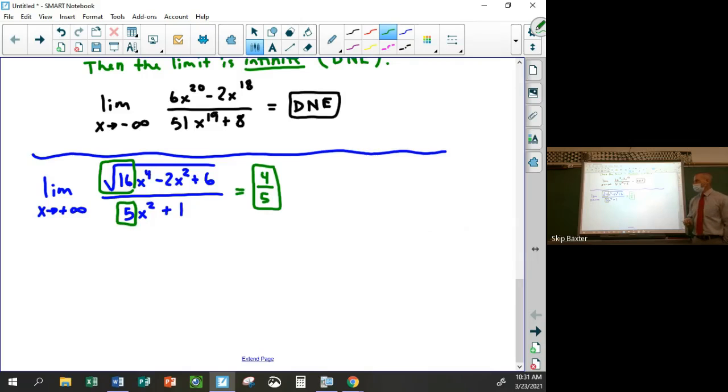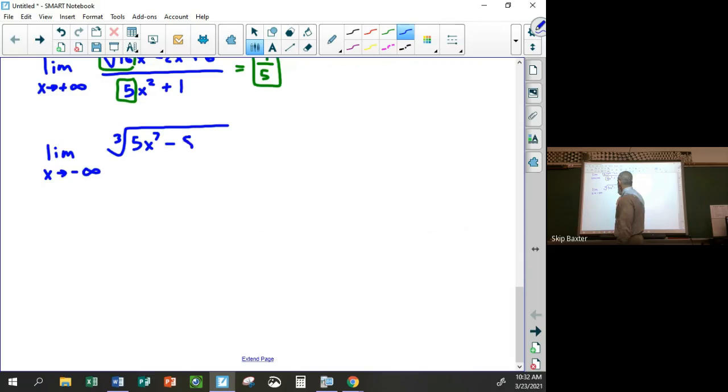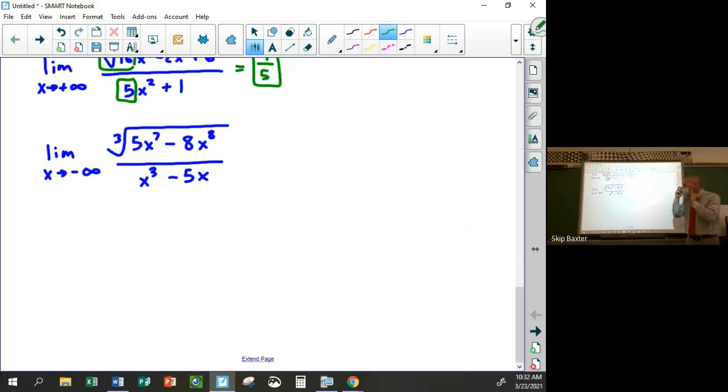Okay? Or what if they gave you something like this? What if they said, find the limit as x goes to negative infinity of the cube root of 5x to the 7th minus 8x to the 8th over x cubed minus 5x. What's the order of the top?